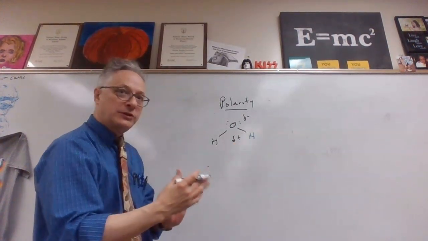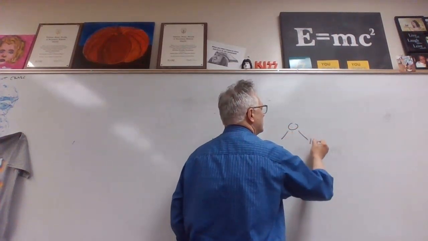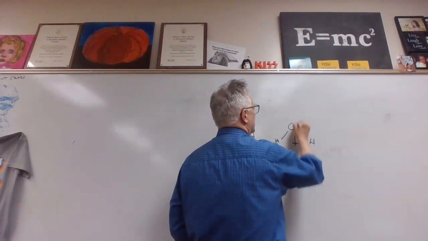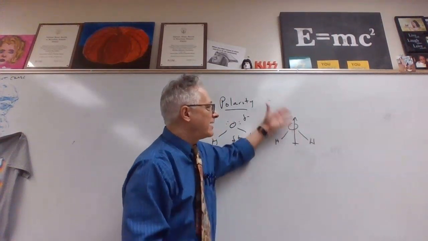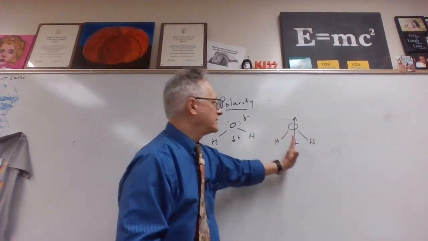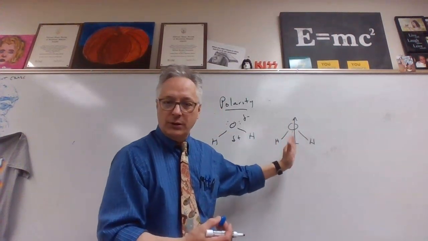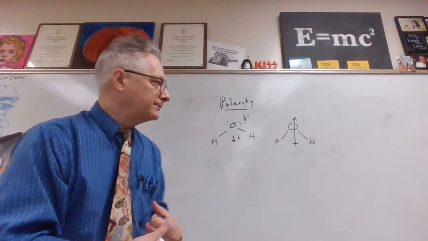We represent that with the dipole moment, which is just a fancy way of saying that part is more positive and that part is more negative. We represent it by a vector, which has magnitude and direction. When you study physics next year, vectors are going to be the big deal.